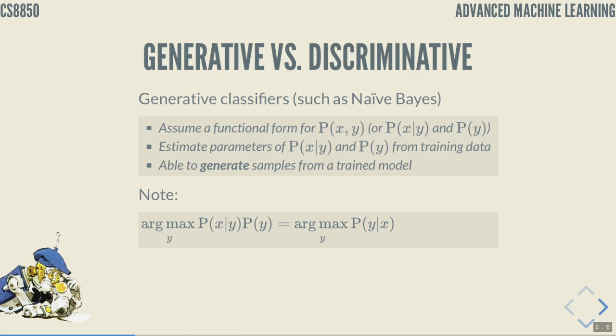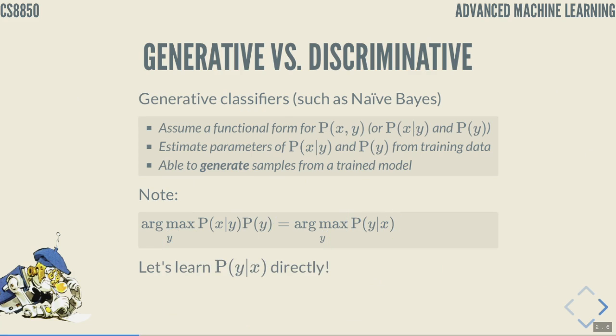And note that the argmax of prior times likelihood is the same. The y that maximizes prior times likelihood is the same y, the same class, that maximizes the posterior distribution of the class given the data.